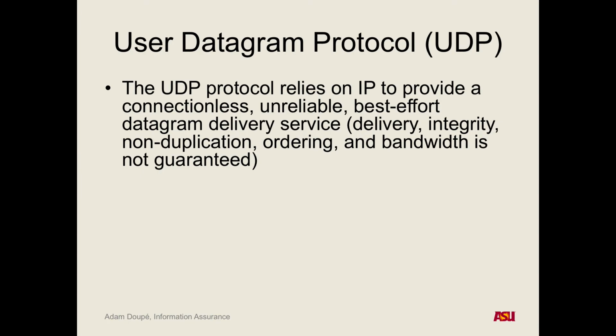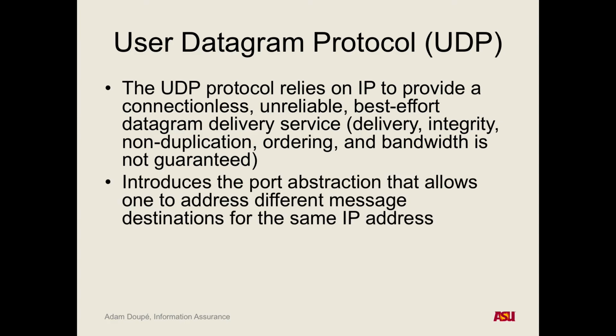So we need ways to talk to different residents in the same apartment complex. Similarly, we have different applications running on our systems, and we need a way to talk to each of them. This is why the upper levels introduce this port abstraction, the idea that you can address different message destinations to the same IP address.